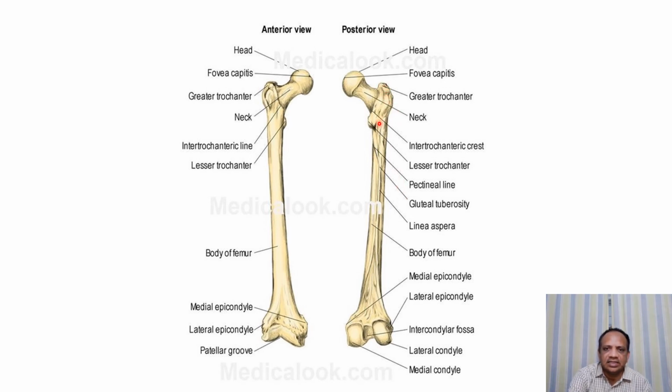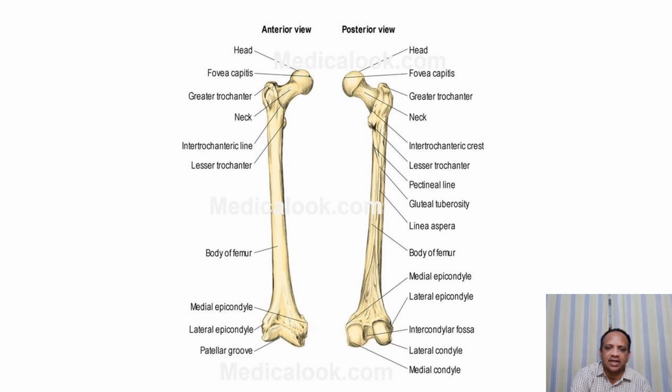So you can see a number of elevations here. This is the linea aspera, a linear elevation. This is an elevation, greater trochanter, lesser trochanter. There is a groove here, the intertrochanteric groove, and on either side of the groove are the lips. Here you can see the condyles, and a notch is there, a fossa is there, epicondyles are there.